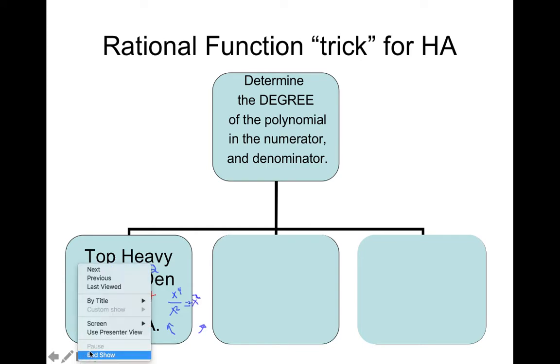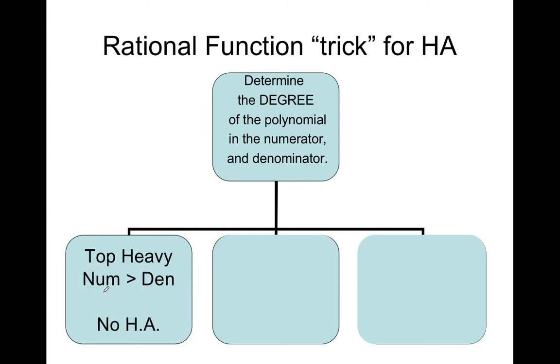How about another example? What if I had 2x squared minus 3 over negative x plus 4.